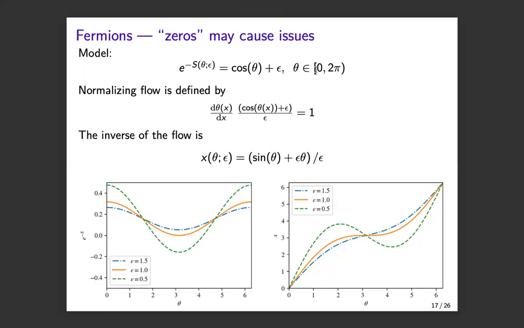So you cannot use this normalizing flow as your map anymore, because for each x you have multiple values. So this is another way to see why zeros might cause a problem. Essentially, when this distribution, eta minus s, vanishes, this part vanishes but the product still has to be 1, so this part has to diverge. Or if you look at theta to x, this slope has to vanish at two points, meaning that you have some sort of coming-back curve in your normalizing flow.